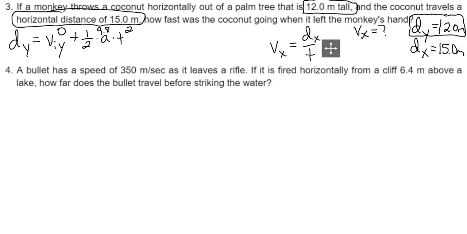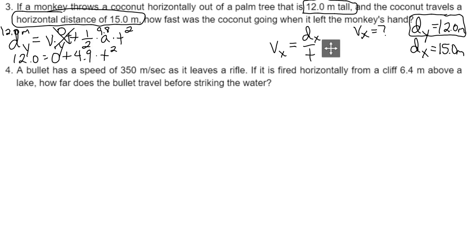So time is what we're looking for. If we plug in everything that we know, 12.0 is equal to the initial velocity times time. 0 is the initial velocity, so that term is 0, plus 1/2 times 9.8 is 4.9 times time squared.